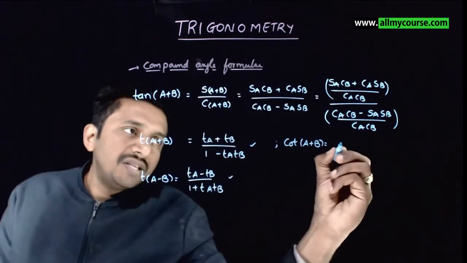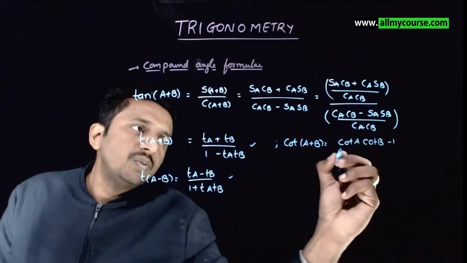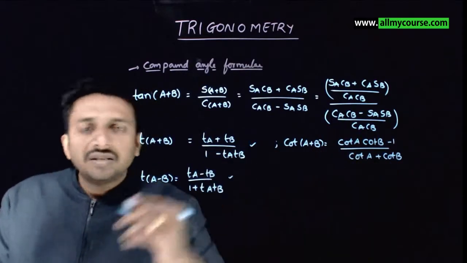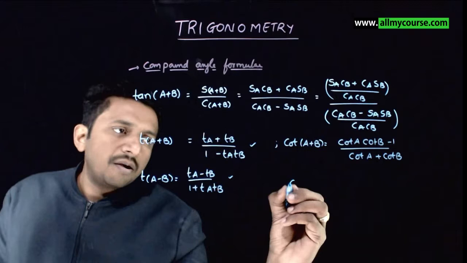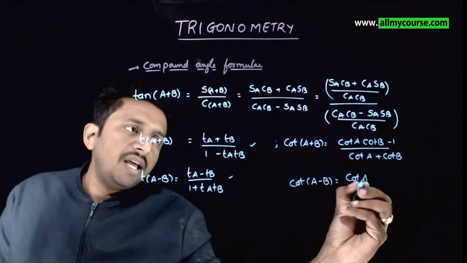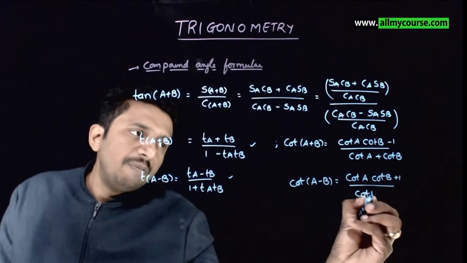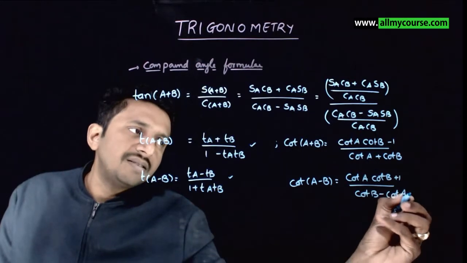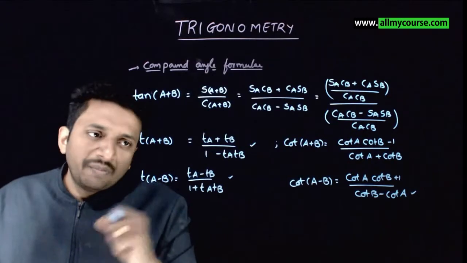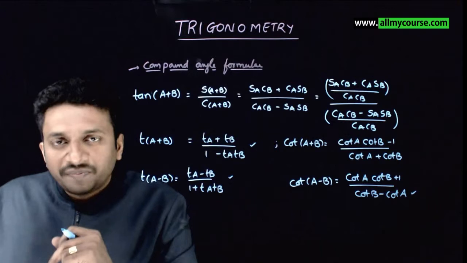So you get the other formula, which is cot A cot B minus 1 by cot A plus cot B. So this is the formula for cot of A plus B. And cot of A minus B is equal to cot A cot B plus 1 divided by cot B minus cot A. So this is something different. It's not cot A minus cot B, you have cot B minus cot A. Because once you take the reciprocal, B comes first and A goes to the next term.